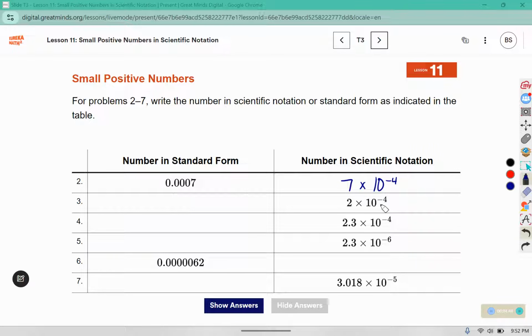Here, this one is also to the negative 4th power, so we're going to move that decimal 4 spots. Same thing here. There should be 3 zeros in front of it.